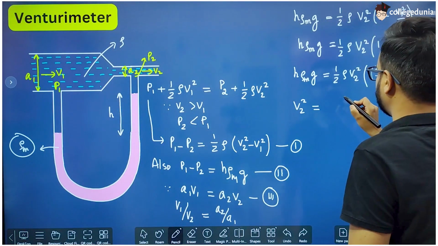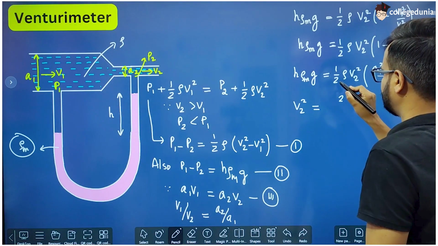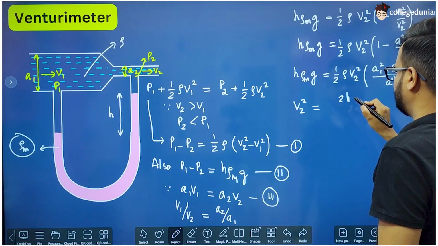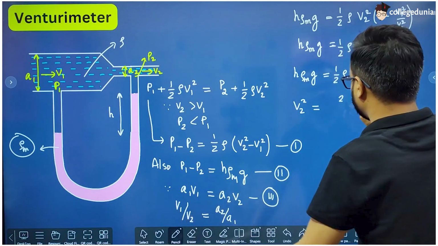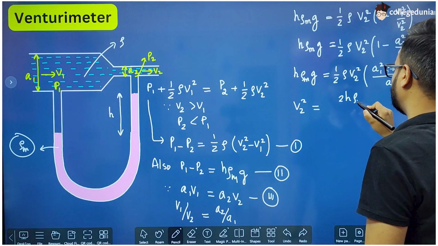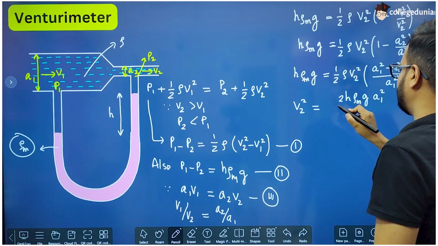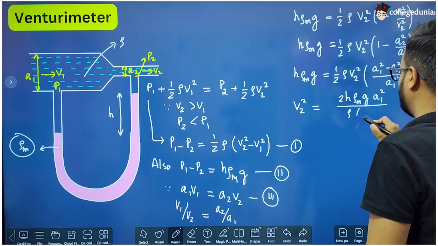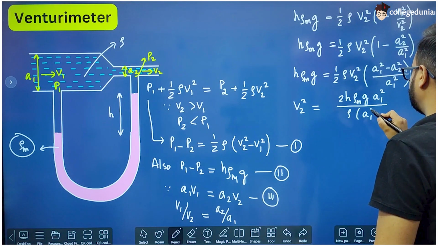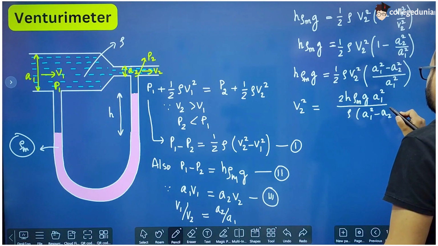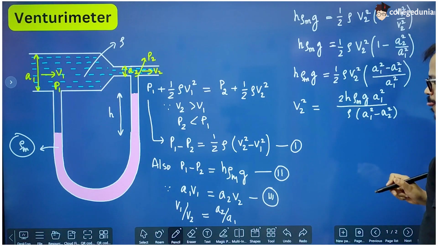The value of V2 square is, taking this 2 on that side, 2 h rho m g into A1 square divided by rho into A1 square minus A2 square.